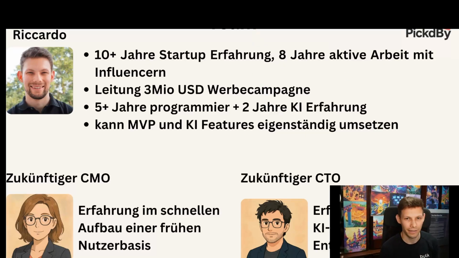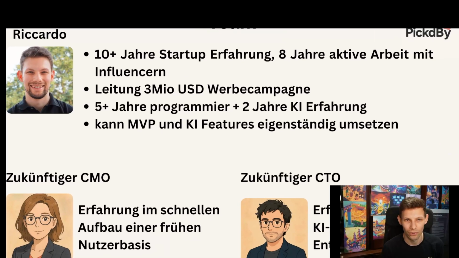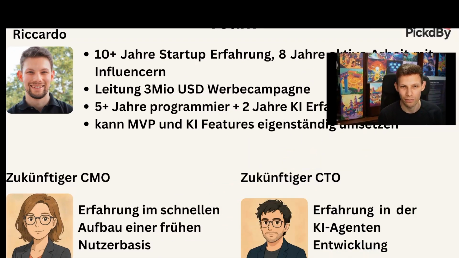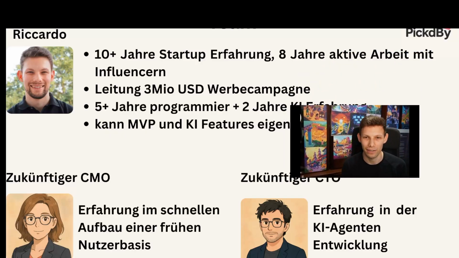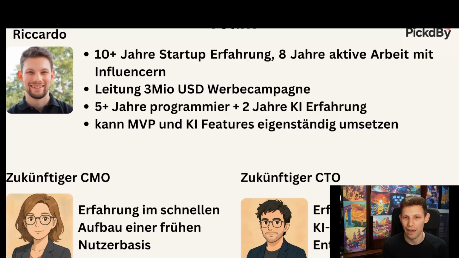So in my case, I list some stuff here, and then I also show, okay, future potential co-founders, ideally a CMO that does more of the marketing and the CTO that helps with the programming, right? So I basically want to show that ideally I have more than myself working on this project, but that I myself could still build the MVP myself with the experience I have.